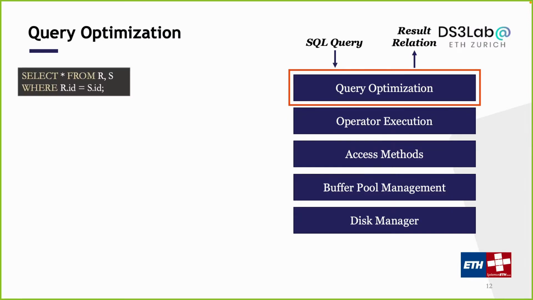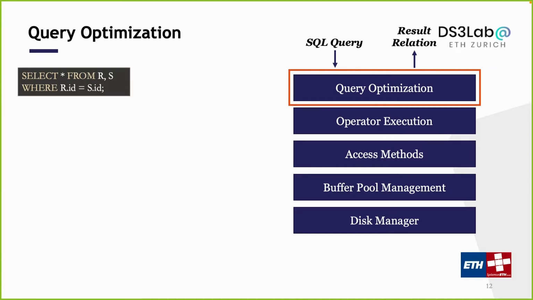So at this step, what do we have? The input to this step is this very familiar SQL query, right? I just want to join these 2 relations on the ID attribute. But the database cannot just run this for you because it doesn't really know how to do that. Database being a declarative system means that as a user, you never tell the database system how to actually run this query for you.